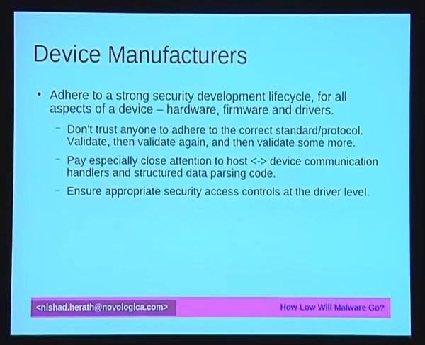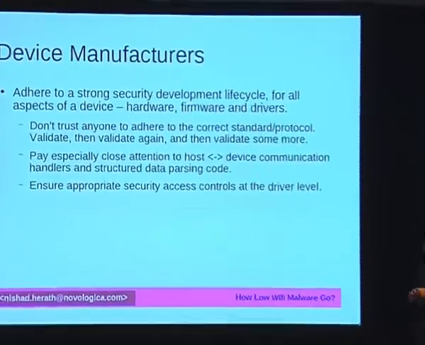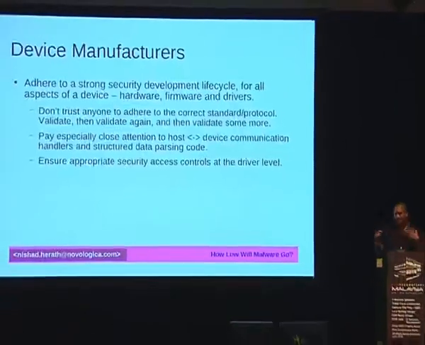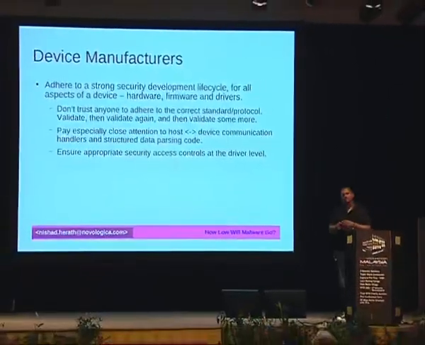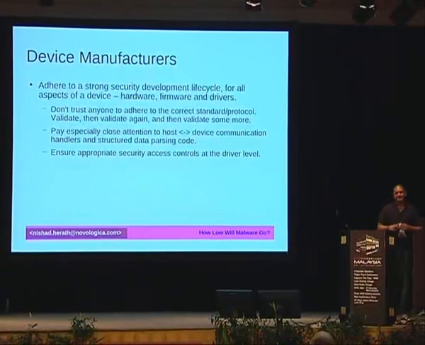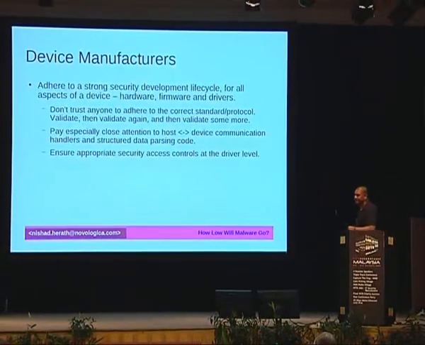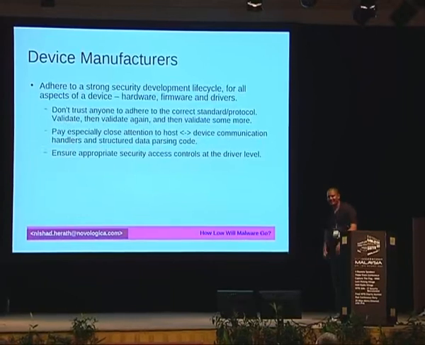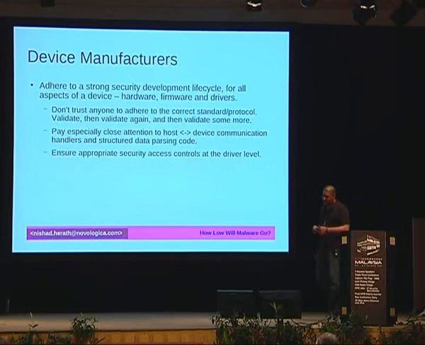Now, moving beyond just the low-level things, don't expect anyone to adhere to the protocol or the standard that you've implemented, because the chances are there's going to be some troublemaker somewhere sending it stuff that's not supposed to be sent.